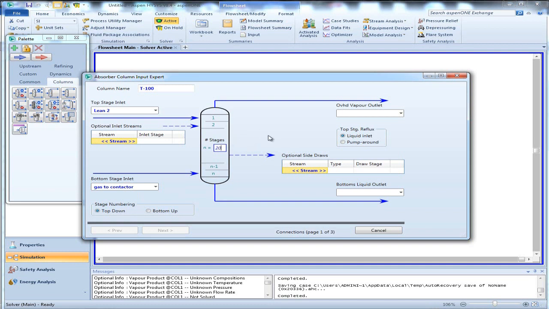The number of trays is 20, and then we call the vapor output sweet gas. Now this one is rich amine 1.